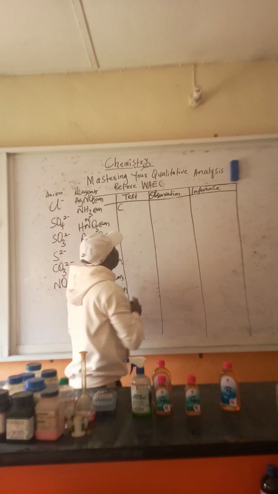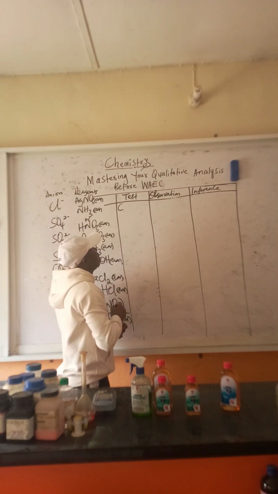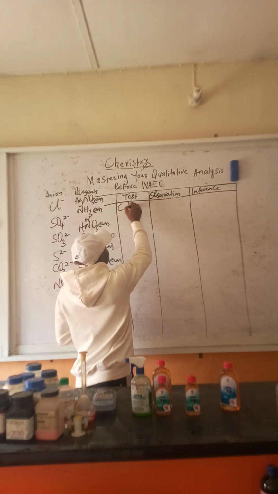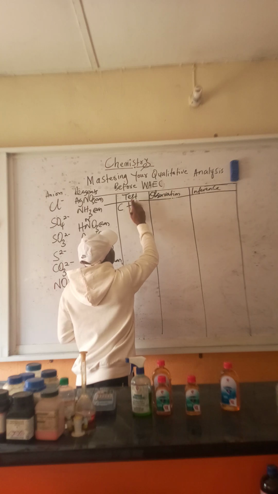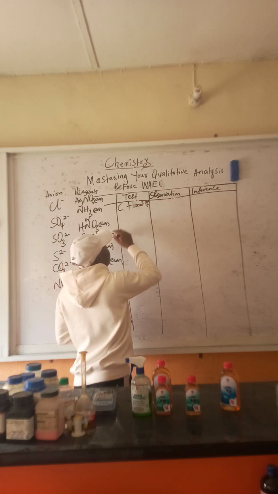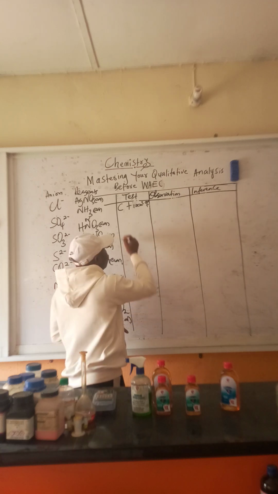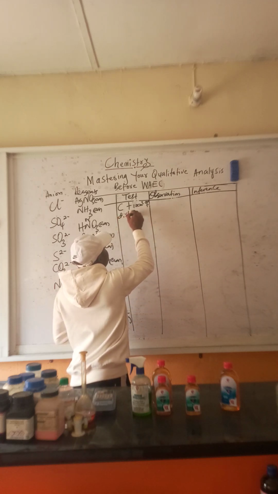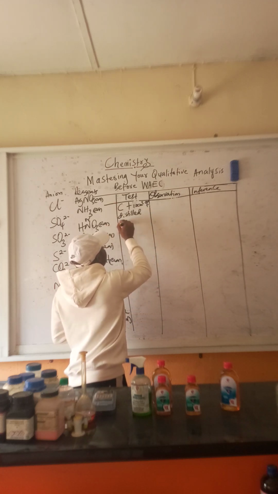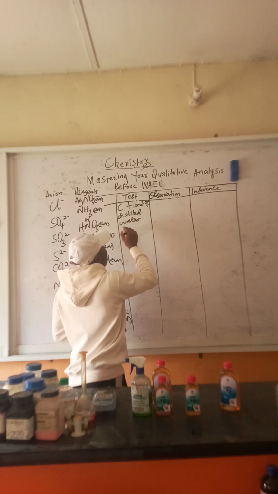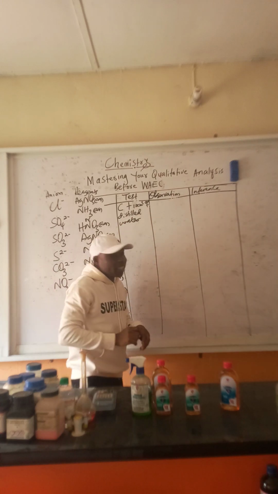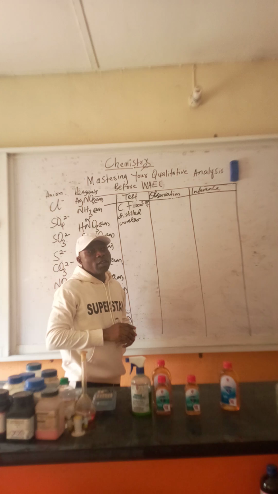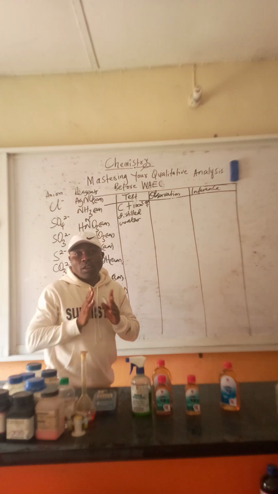Let's say the salt that is given to us is labeled C. We say C plus either 10 cm cube or 5 cm cube or 2 cm cube, depending on the instruction, of distilled water. Under this, you're testing for the solubility of the given salt in water.